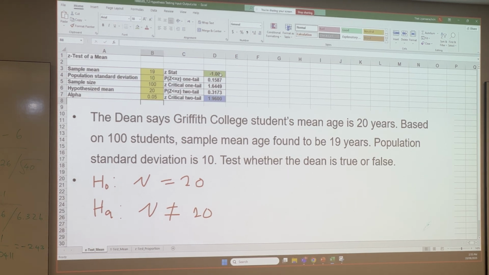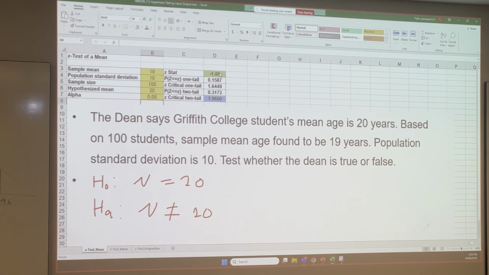So in that case, you have to draw the graph. This is 1.96, this is -1.96, so your z value is here at -1. This is the rejection area, and this is the area called do not reject H0.